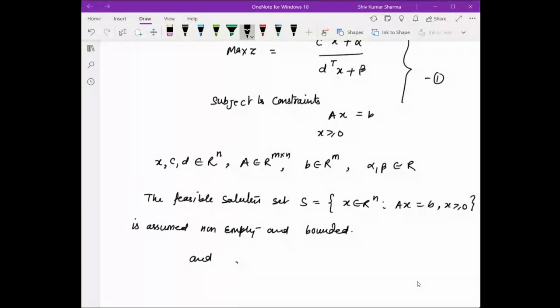The denominator g(x) we write as d transpose x plus beta, which is not equal to 0 for any value of x.